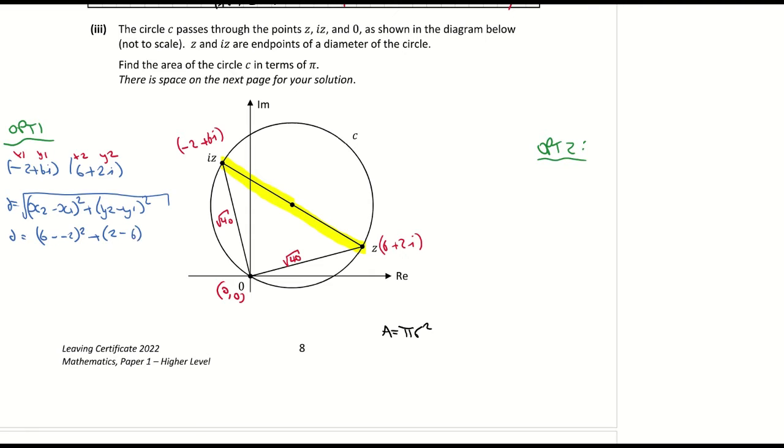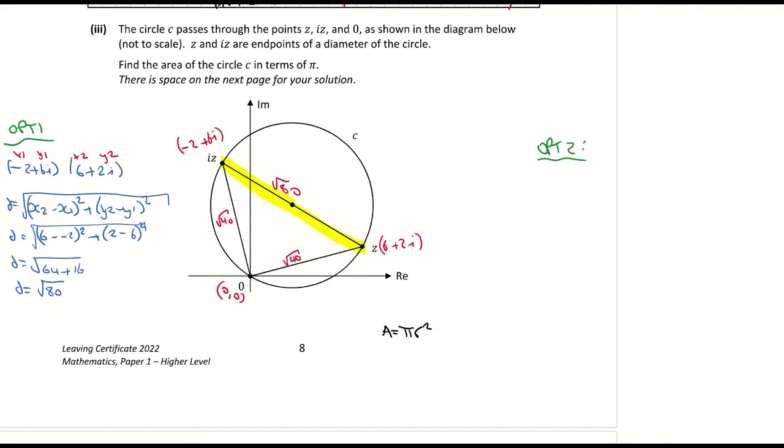Again, I don't need to put in the i's here. That gives me a distance of 8 squared, which is 64, plus minus 4 squared, which is 16, which is giving me a distance of the square root of 80. Actually, we have that from part 2 as well, but nonetheless, we've done it out. So the distance between my 2 points on the circle is the square root of 80.